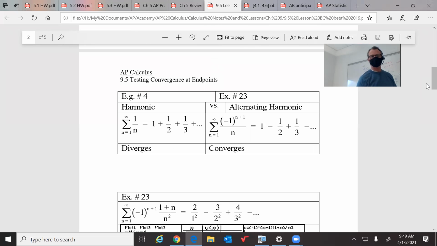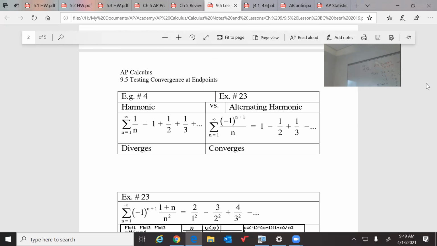So example 4. In example 4, here's the harmonic: 1 over n. 1 over 1 plus 1 over 2 plus 1 over 3. When you build that H chart, the middle column is getting smaller. But the fact that the middle column is getting smaller does not guarantee it converges.